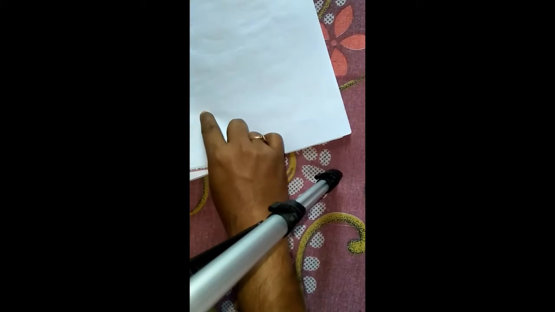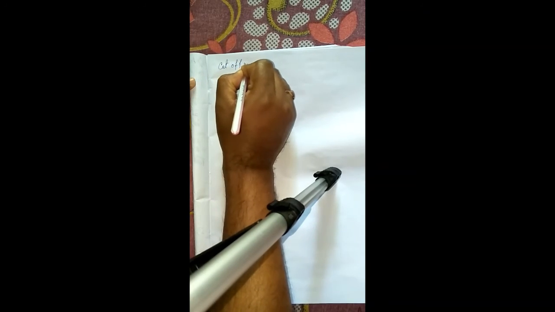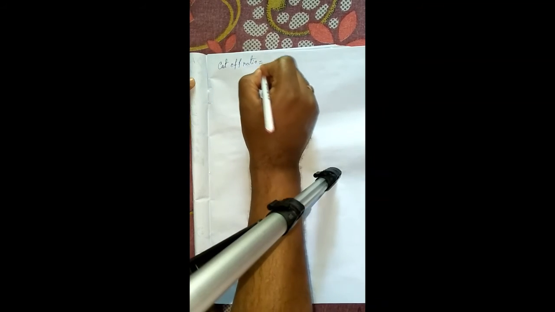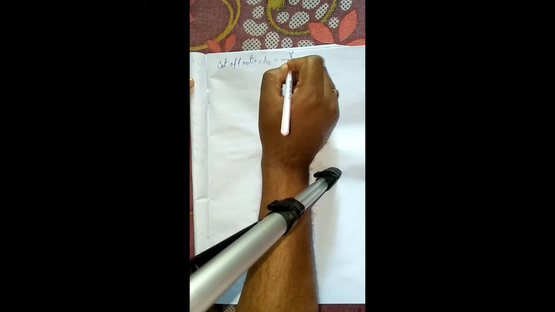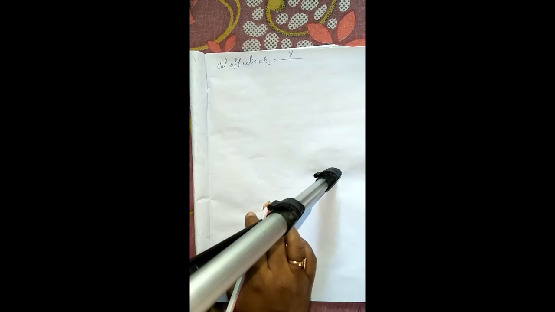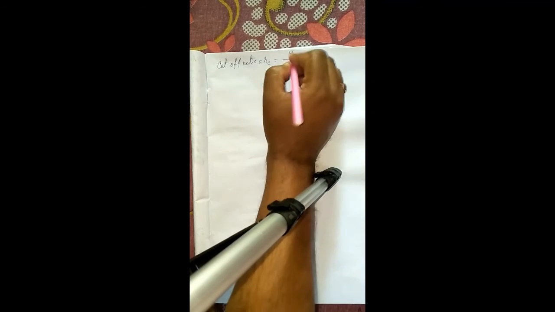So let's find the volume V3. The cutoff ratio rc is V3 by V2.